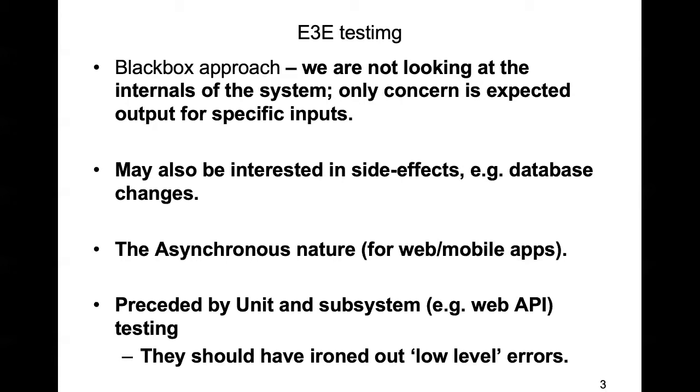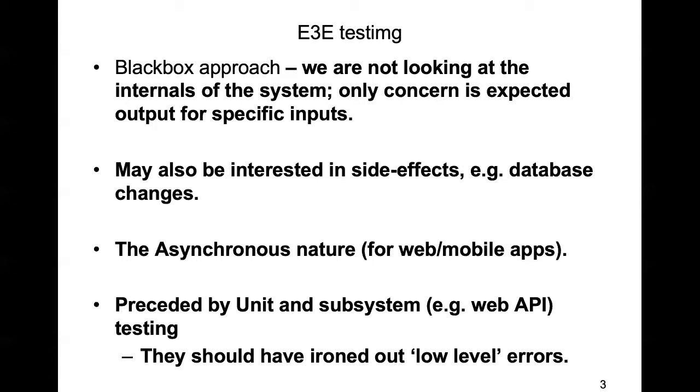When we're doing end-to-end testing, we're not concerned with the internals of the functionality, of the internals of the code base, I suppose, really. If you've done your testing properly, then you would have done a lot of unit testing prior to doing end-to-end testing. And in unit testing, you are concerned with the internal workings of your code, and you are trying to iron out a lot of the low-level bugs that might be in your code.